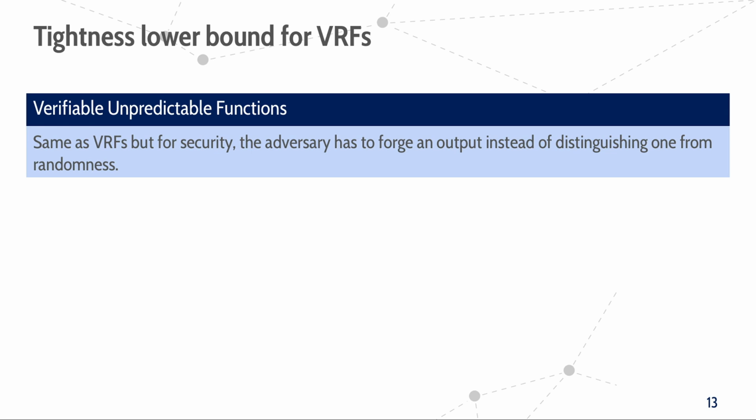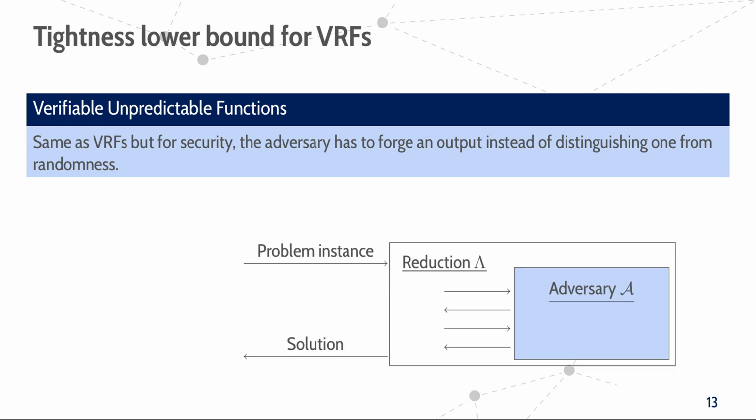If we now consider a security reduction, this usually looks as follows. We have a reduction that receives an instance of the hardness assumption, simulates a security experiment for the adversary, and in the end uses the adversary's solution to solve the instance of the hardness assumption. When we want to prove lower bounds on the tightness of a reduction, we usually do that with a meta-reduction technique by Coron.